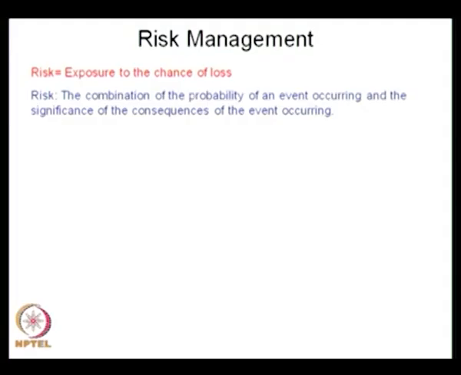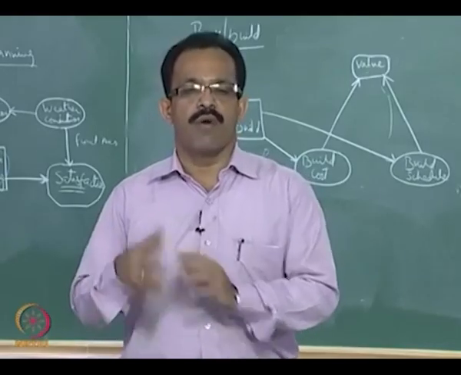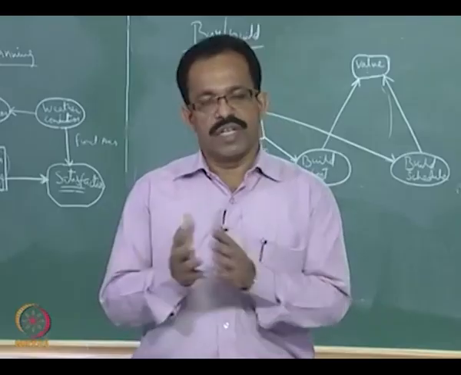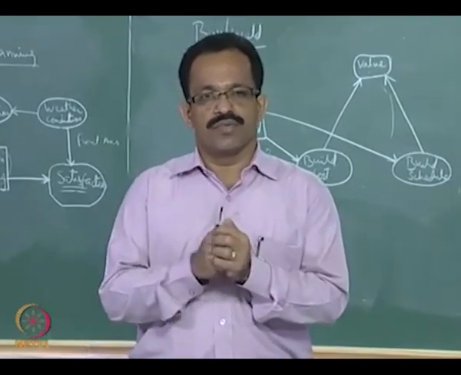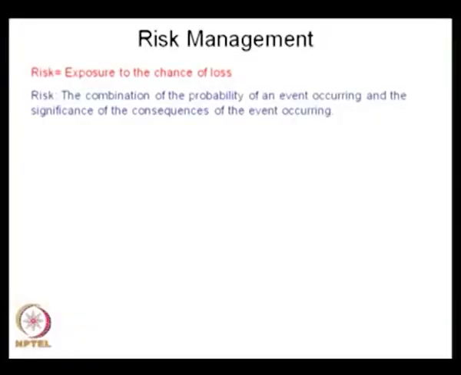As you know, risk is the combination of the probability of an event occurring and the significance of the consequences of that event occurring. So if you have a probability of a particular event and some significance of the outcome of that event, the risk is a combination of these two. You can have a probability of something happening, but if its influence on your design or system behavior is very minimal, then the risk is less.